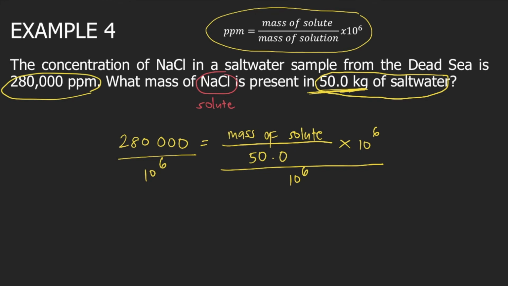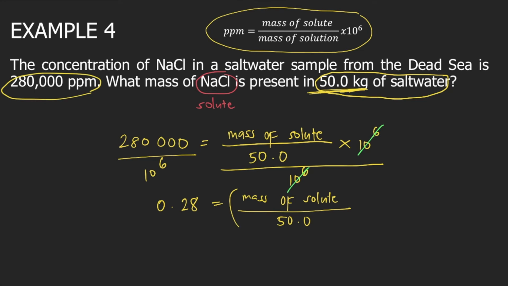So 10 raised to 6 will cancel on the right side. And what is left on the right side is mass of solute divided by 50. And on the left side, you have 280,000 divided by 10 raised to 6. This is equal to 0.28.